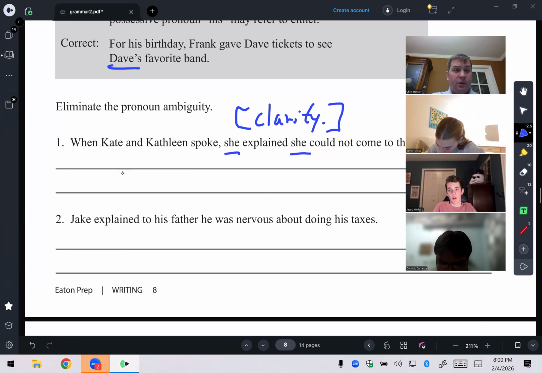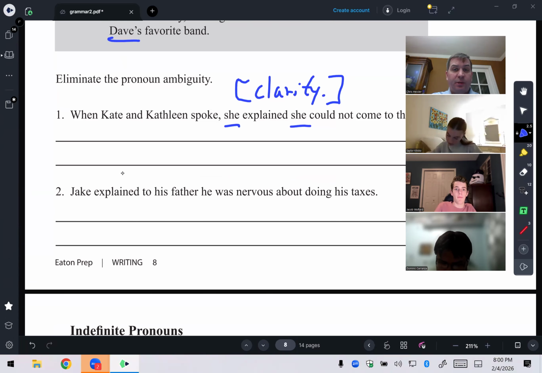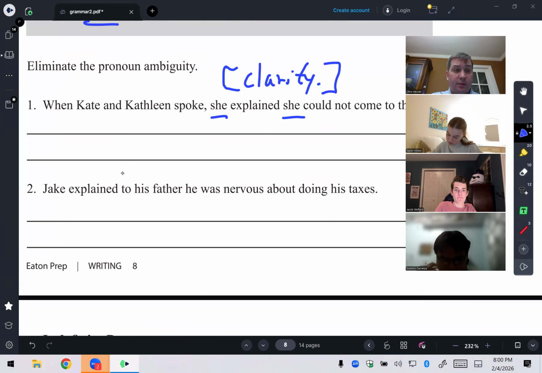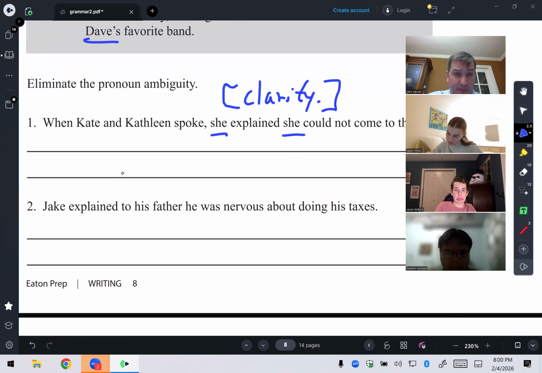Two, Jake explained to his father he was nervous about doing his taxes. Okay. Maybe this is Jake's first job. This is the first time he has to file taxes. Jake explains to his father he was nervous about doing his taxes. Or maybe Jake's a CPA. Jake prepares his father's taxes every year. That's possible.